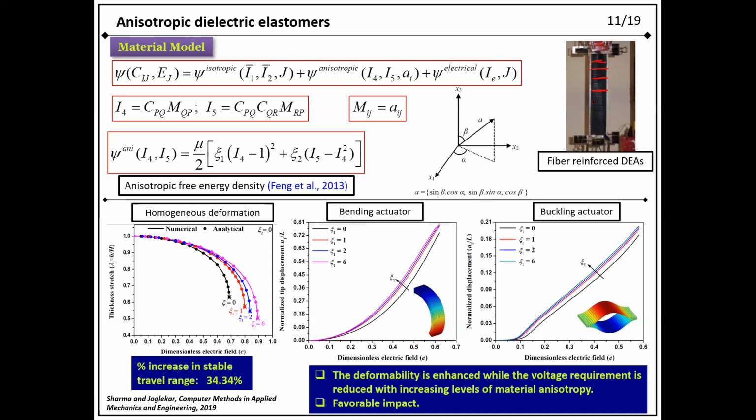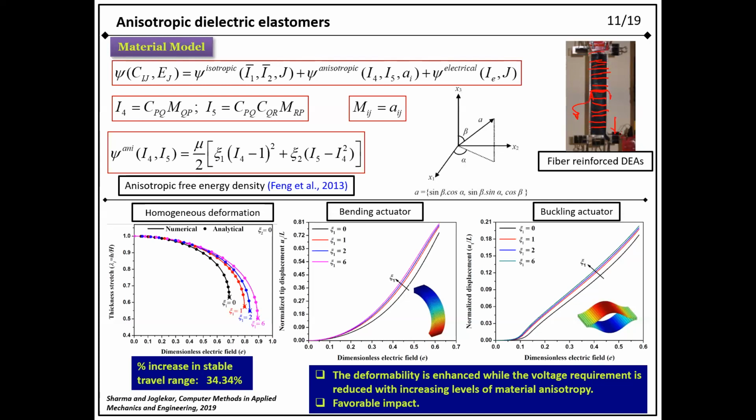What we can do is apply some stiffeners in one direction. Okay, so what we are going to do is insert soft fibers in a particular direction. This is the case of transverse anisotropy we consider. So what will happen is this will restrict the deformation in one direction, but this restriction will enhance the deformation in the other direction.